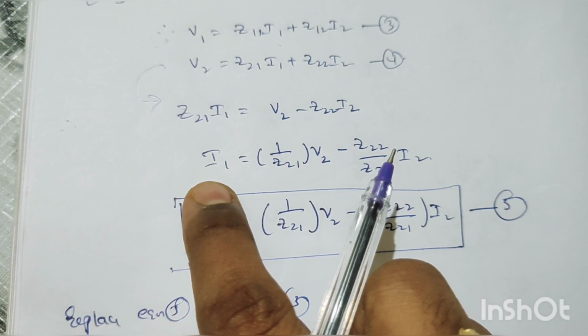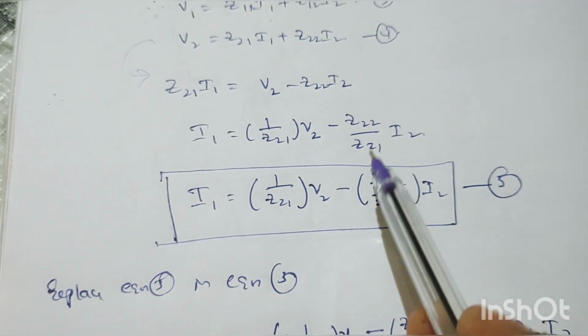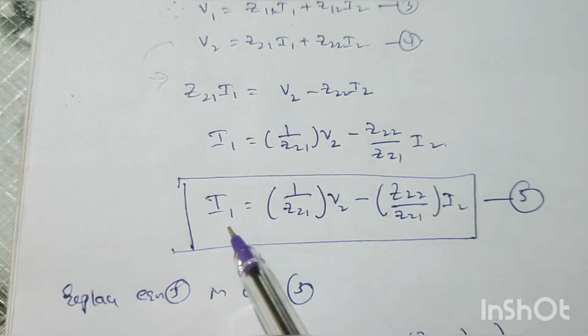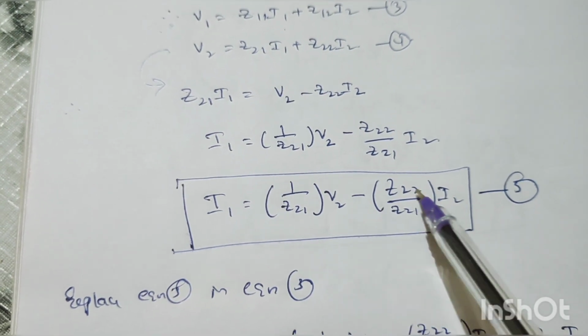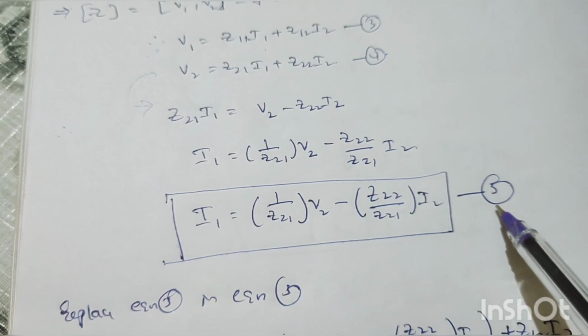Therefore I1 becomes 1 by Z21 of V2 minus Z22 by Z21 of I2. Make this equation number 5.